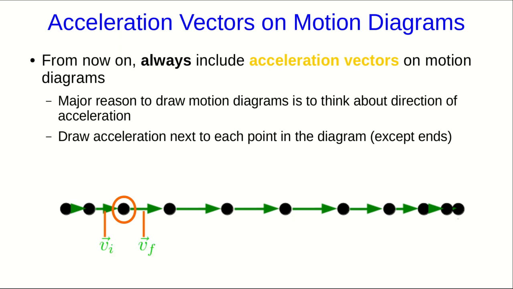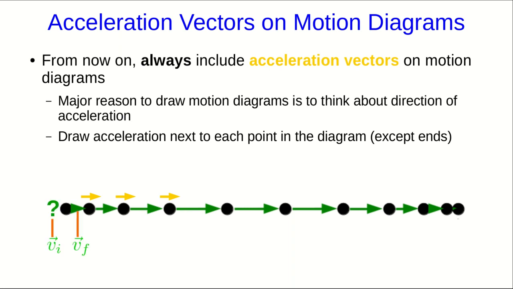So I'm going to take the velocity vector just before it as an initial v and the velocity vector just after it as a final v. And I'm going to use them to get an acceleration. And we've seen before the process of vector subtraction, and it tells us that the acceleration is in the direction of motion. The object is speeding up, and so the acceleration is in the direction of motion. And now we can just repeat that for all the other places where we see that it's speeding up.